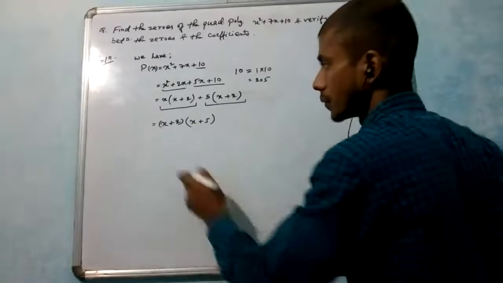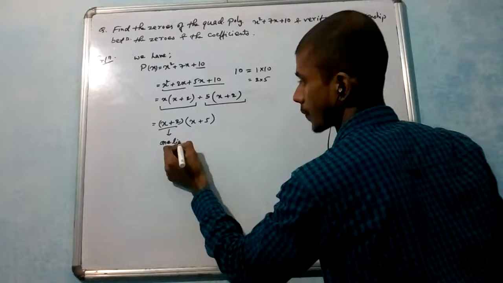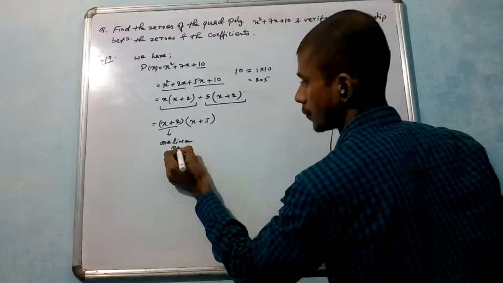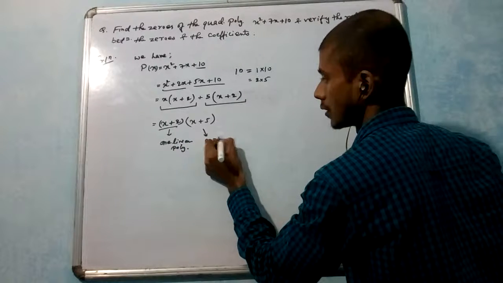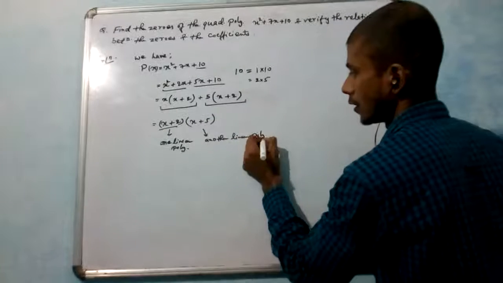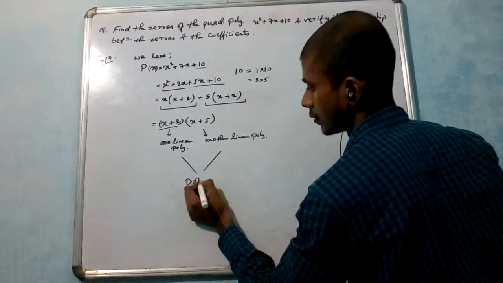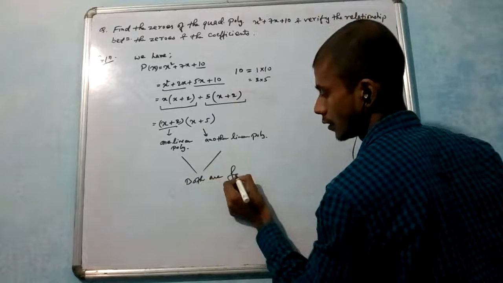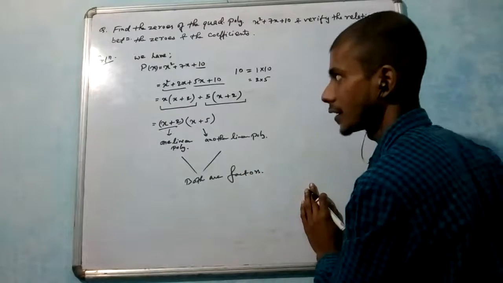linear polynomials. This is one linear polynomial, this is another linear polynomial. Both are factors, isn't it? Both are factors of this.